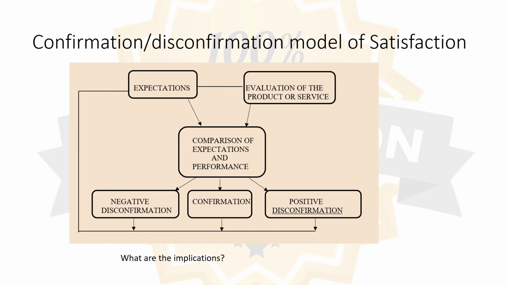So the third thing that can happen is that you compare what your expectations are with your evaluation. And it might turn out that your expectations weren't met, that you were disappointed, that it was worse than you expected. This results in a negative disconfirmation. And you, of course, are dissatisfied.